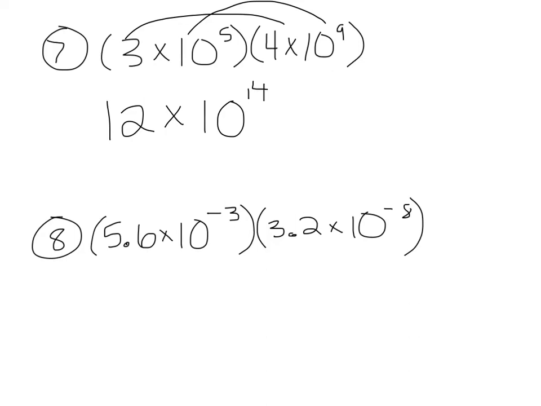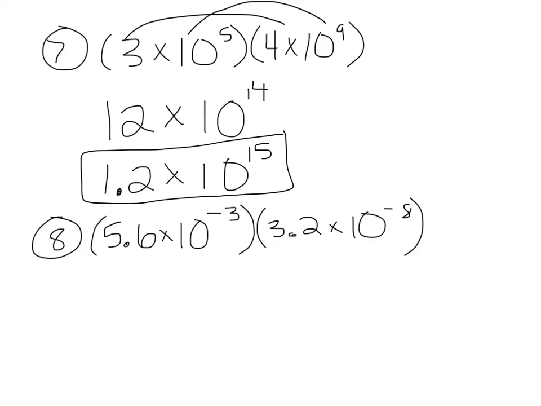You just multiply the 2 constants, so 3 times 4, and then you add the 2 exponents on the 10s. Well, 12 is not between 1 and 10, so we need to change it to 1.2. And just like we did in the video last night, the 12 got smaller by 1 decimal place, so this needs to get bigger by 1 decimal place, so it becomes a 15.